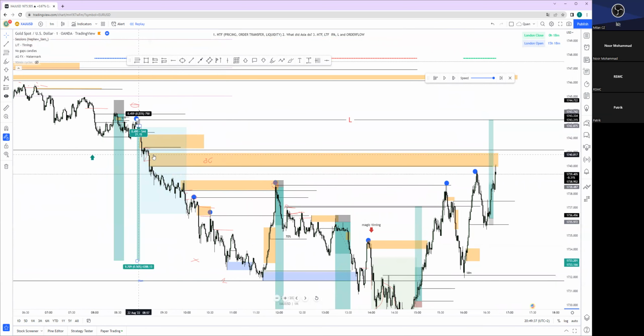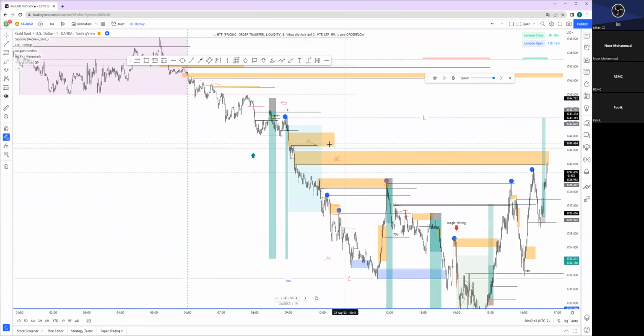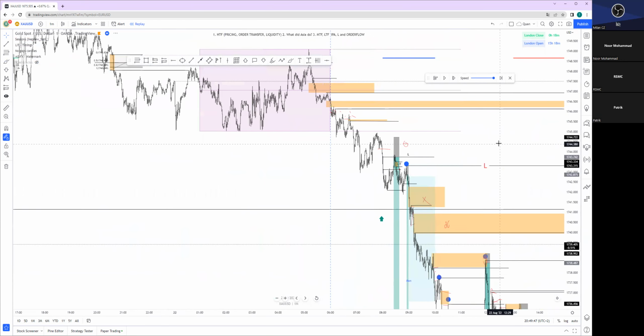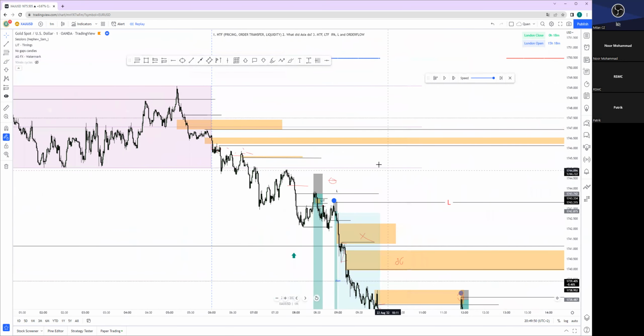And this liquidity is too small for me. That's the reason I don't really like this one. But it can come back just because of inefficiency, of course. But for the continuation, the only high probability area would be these.